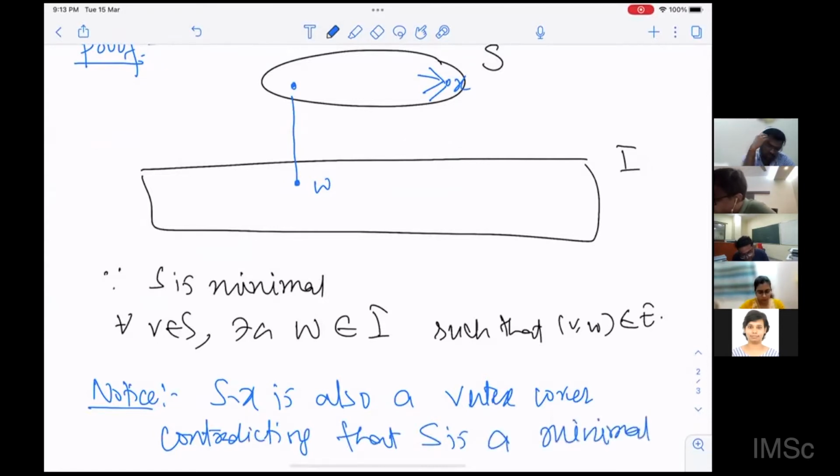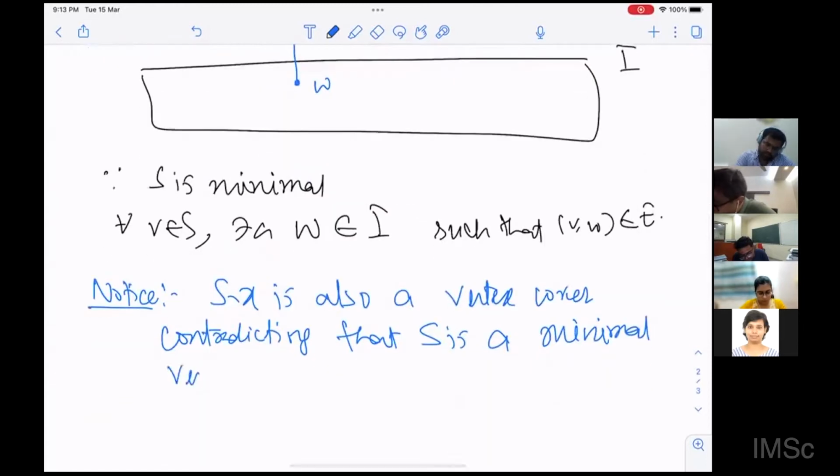What is the definition of a minimal vertex cover? A vertex cover whose no proper subset is also a vertex cover. It may not be the minimum size, but you cannot remove anything from this and get a smaller vertex cover. So these kinds of vertex covers are called minimal vertex covers.